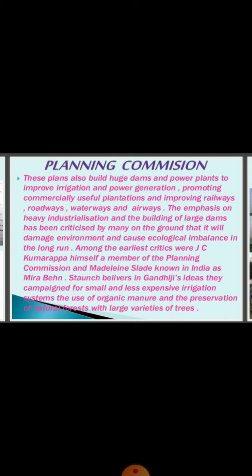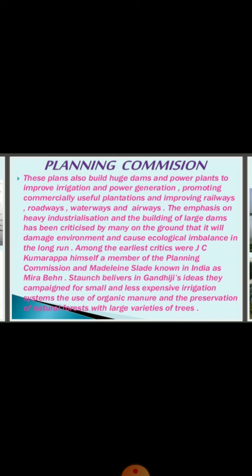Among the earliest critics were J.C. Kumarappa, himself a member of the Planning Commission, and Madeline Slade, known in India as Meera Behn. Staunch believers in Gandhiji's ideas, they campaigned for small and less expensive irrigation systems, the use of organic manure and the preservation of natural forests with large varieties of trees.